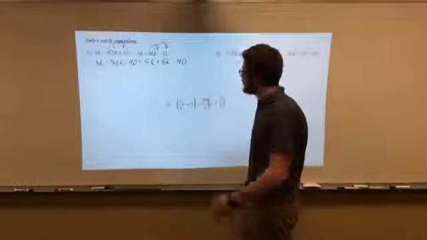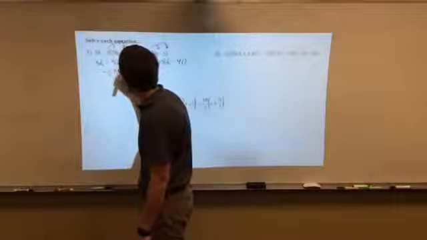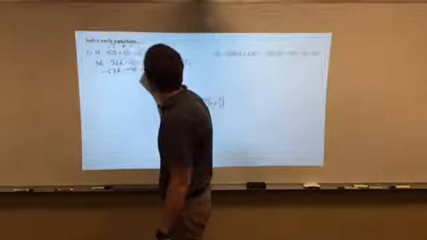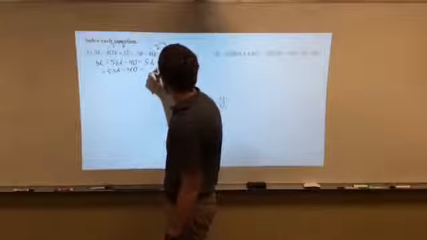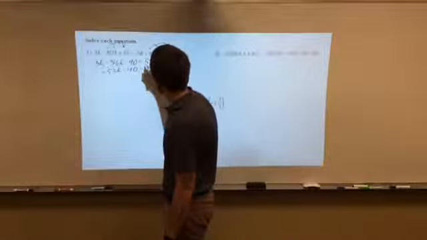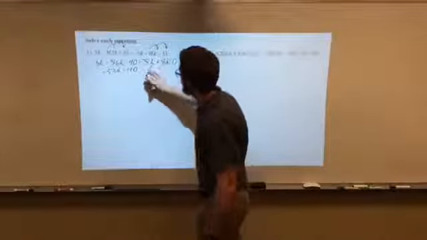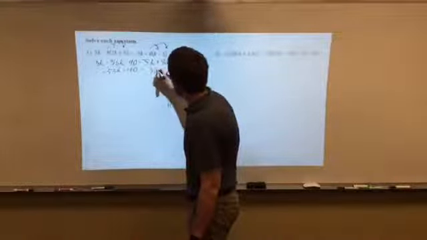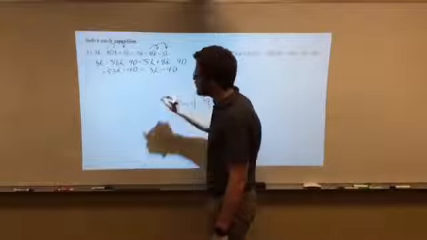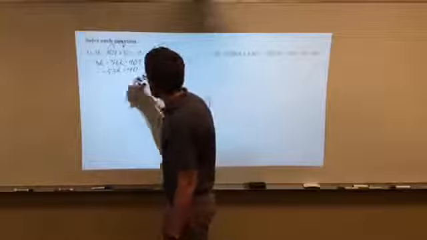If we combine like terms, I've got a negative 53k minus 40 equals, so it's a negative 5k. Negative 5k plus 8k gives us 3k minus 40.